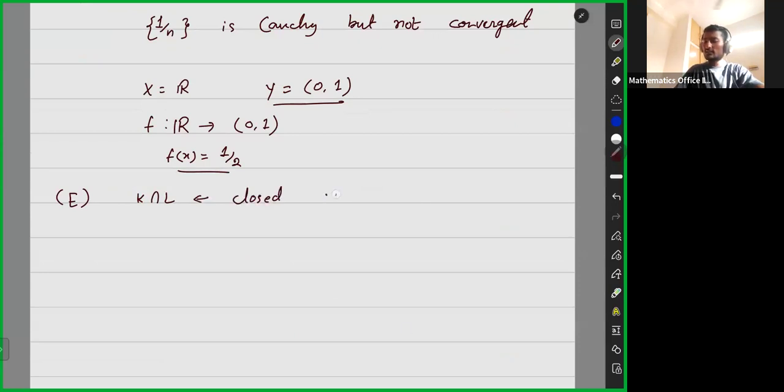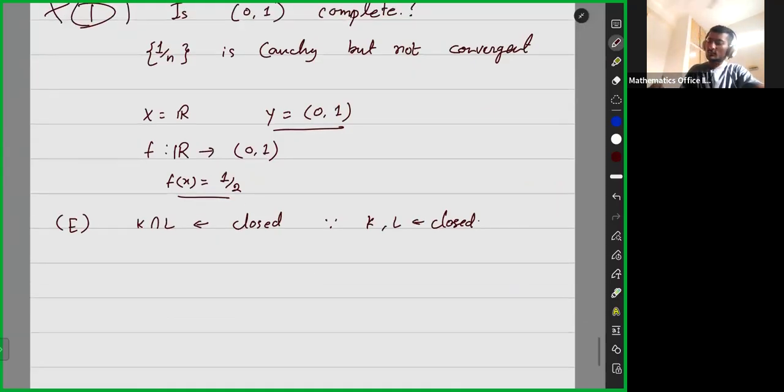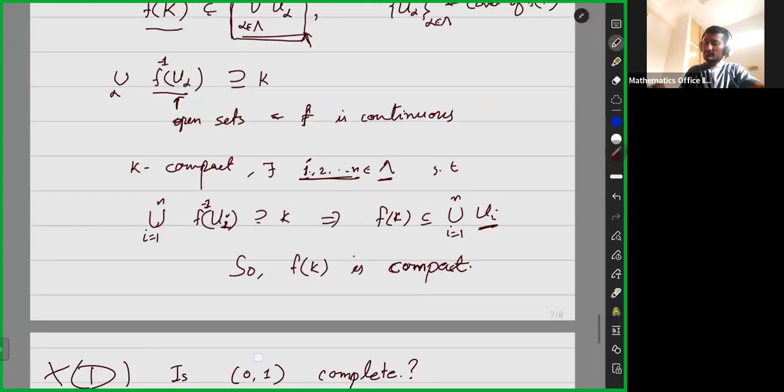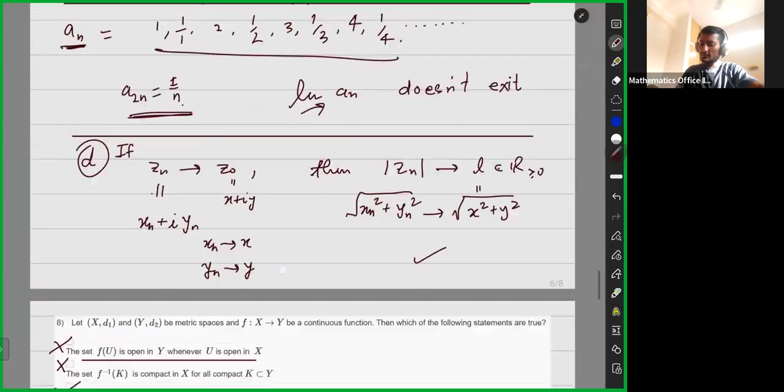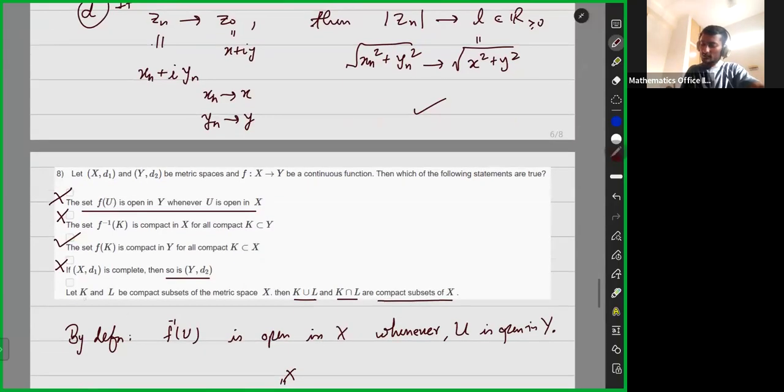Because K and L, these two, are closed. An arbitrary intersection of closed sets is closed. So K intersection L is closed, and it is contained in K also, which is compact in a metric space.